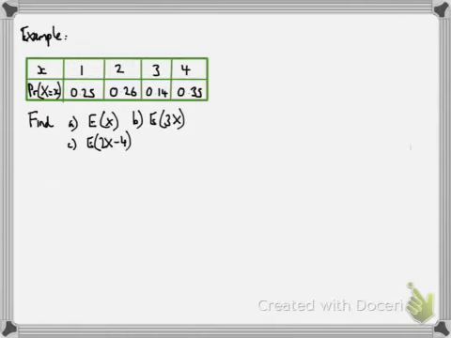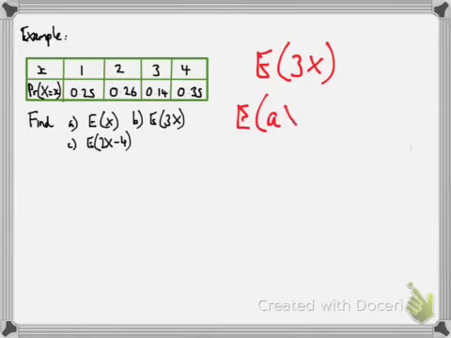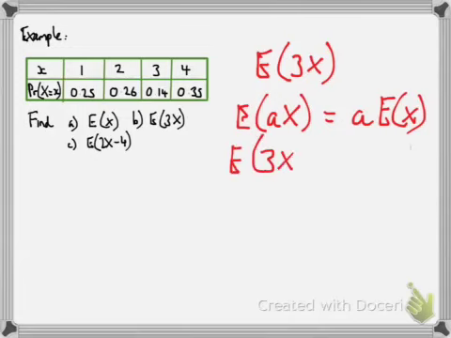Okay, so what about the expected value of 3x then? Let's look at that. Well, on that first slide there, I introduced you to the rule that says the expected value of a constant, a times x, in this case it's 3, is a times the expected value of x. So using that rule there, expected value of 3x equals 3 times the expected value of x.